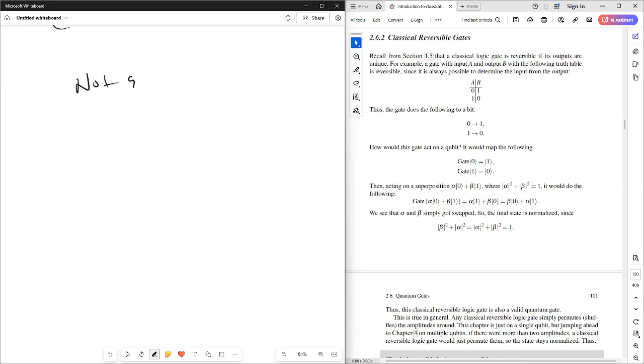A classical kind of NOT gate that always flips the bit. 0 to 1, 1 to 0. Let's say that we have a qubit that is in state 0. We apply this NOT gate. We'll use U for the generic there. That'll flip it into state 1. Same thing, if it's in state 1, it'll flip it into state 0.